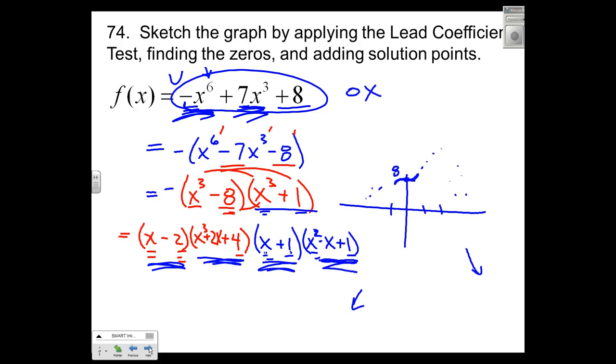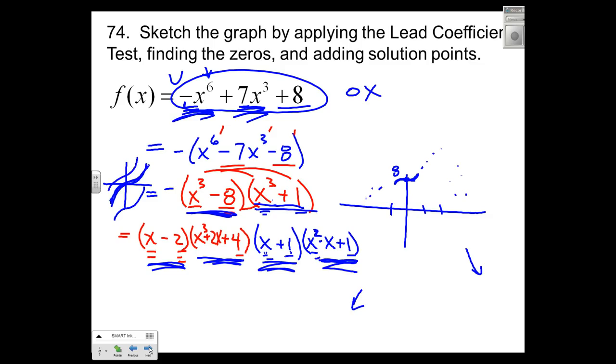In the event you get a difference of perfect cubes or a sum of perfect cubes, if we consider what those graphs look like, this is just this graph down 8. It only has 1 zero. This one is this graph up 1.